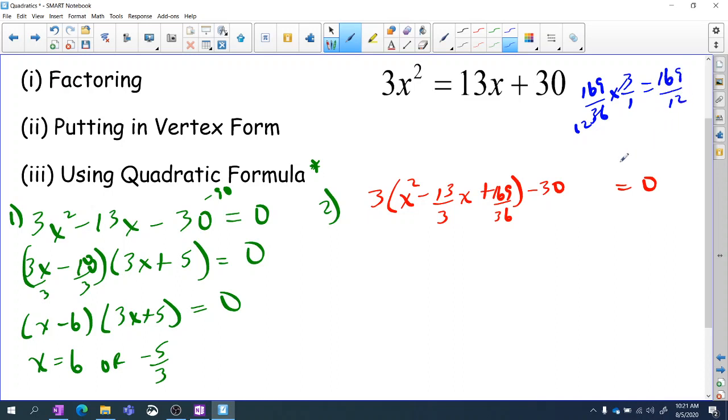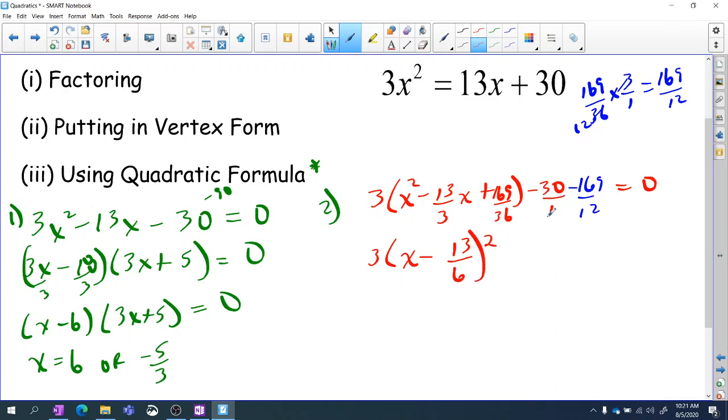And when I put it, I'm going to subtract 169 over 12. Now I'm going to, right here, so it's 3, square root of the first, sign of the middle. This one's a perfect square, 13 over 6, squared.